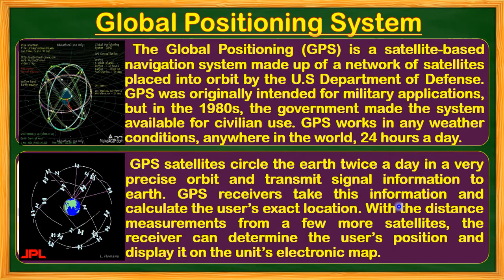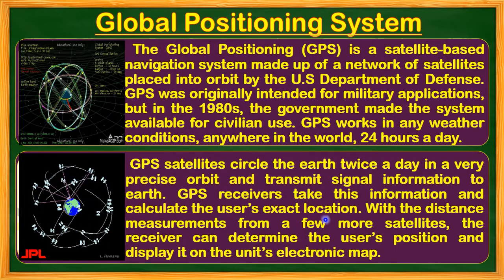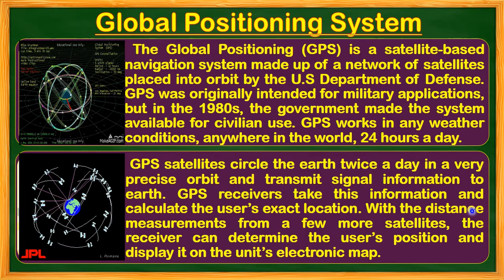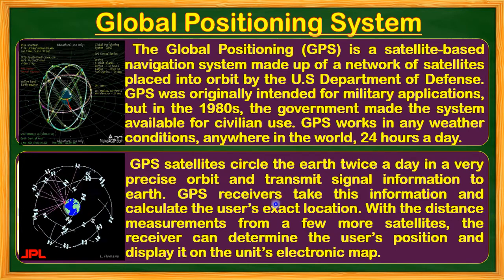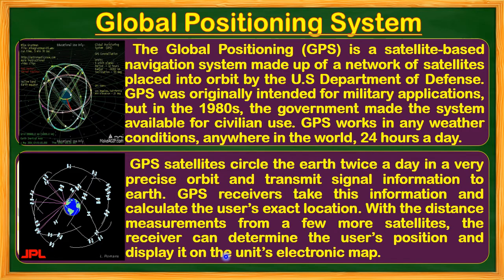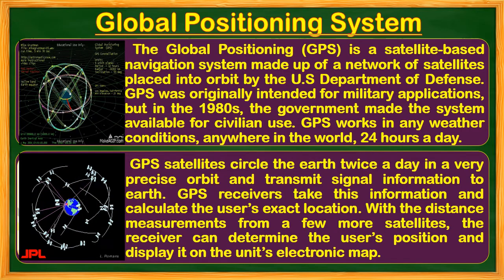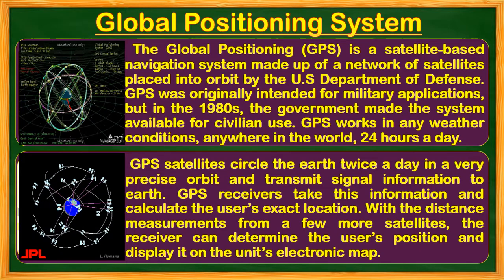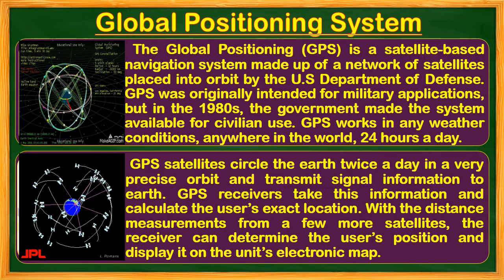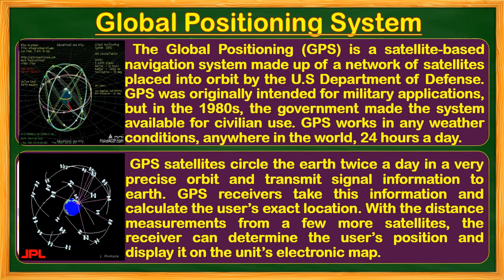With distance measurements from a few more satellites, the receiver can determine the user's position and display it on the unit's electronic map. Usually we use GPS in our mobile phones because it is very accessible. So let's continue with our discussion about GPS.